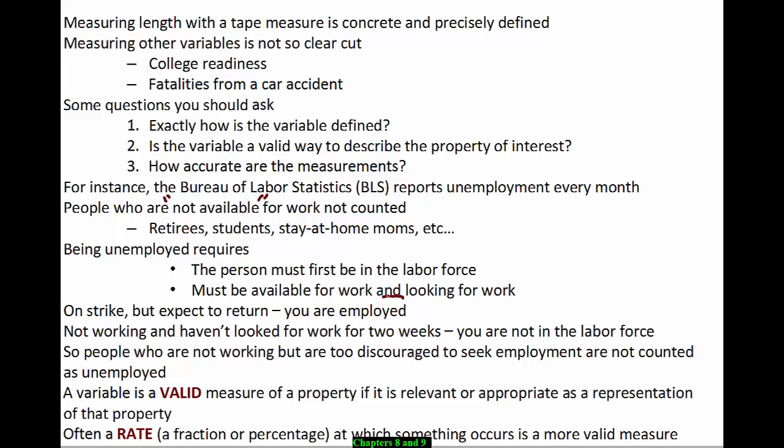You should check out our actual numbers for South Carolina, because when we report our unemployment numbers, lots of times these are really masking a larger problem: that our labor force is actually shrinking. Anyway, it's hard to measure some variables. You need to pay close attention and be very careful in your definitions.